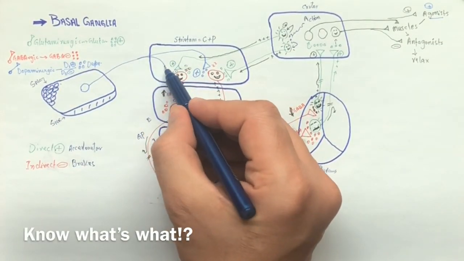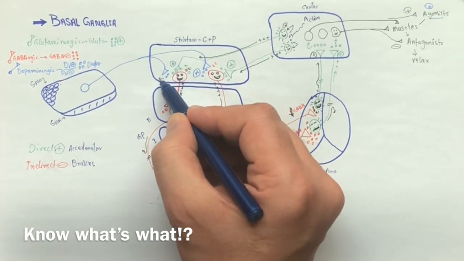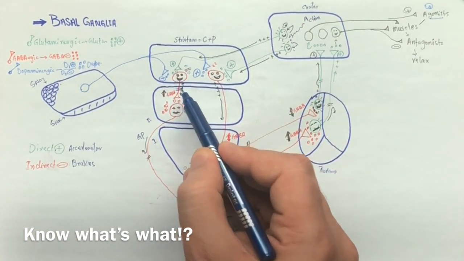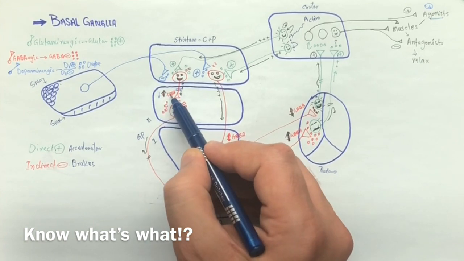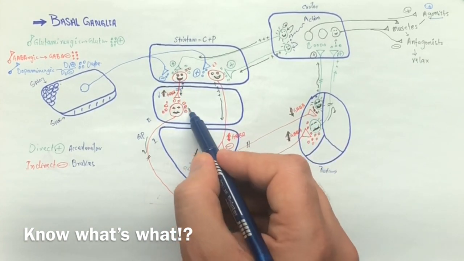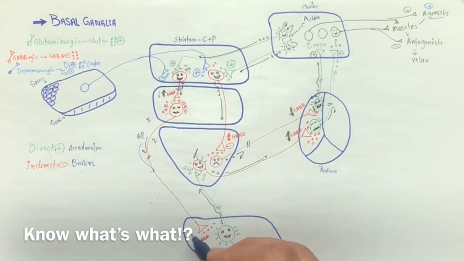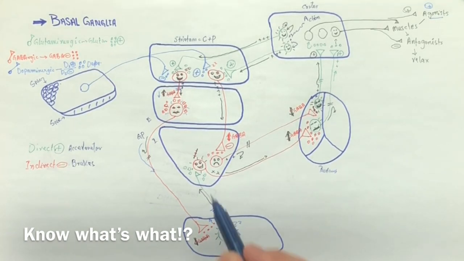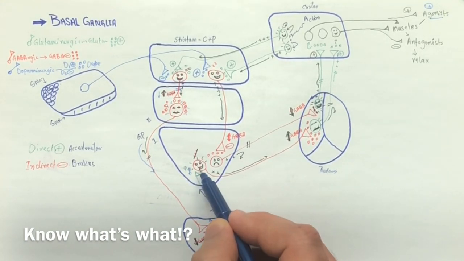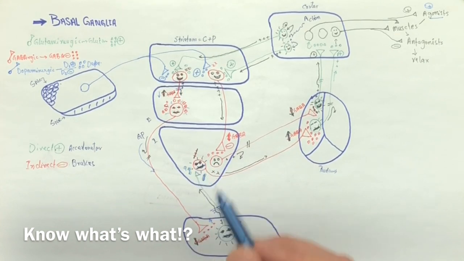So let's get back to our diagram here, and here is your dopa. It inhibits the indirect pathway, and the drop in the GABA will release these neurons of inhibition, and they will fire into the subthalamus. In the subthalamus, they will inhibit these neurons, and those neurons in the globus pallidus interna will be put to sleep. Meaning no action potential going to the thalamus.